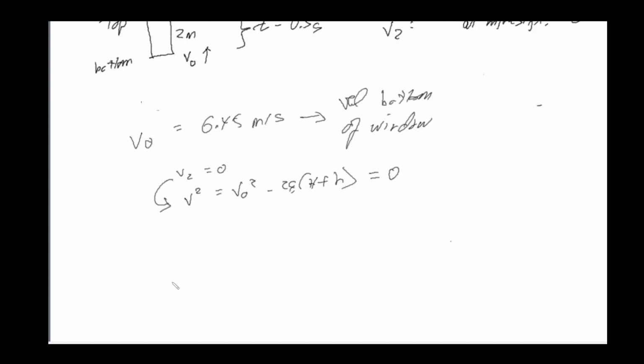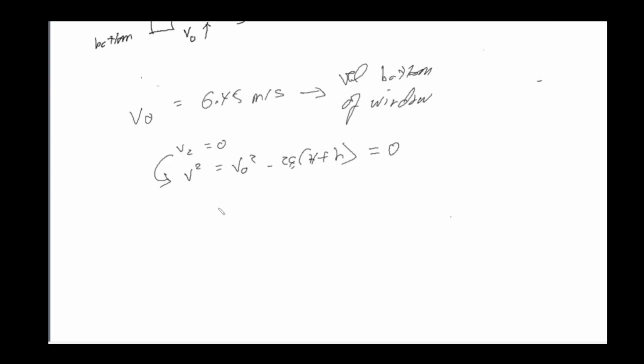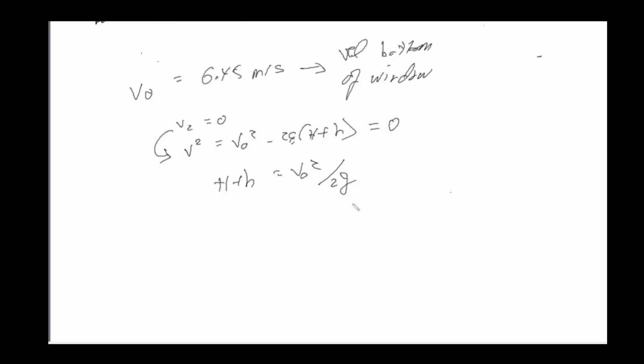Solving, we get h plus h equals v0 squared over 2g, or h is equal to v0 squared over 2g minus h.